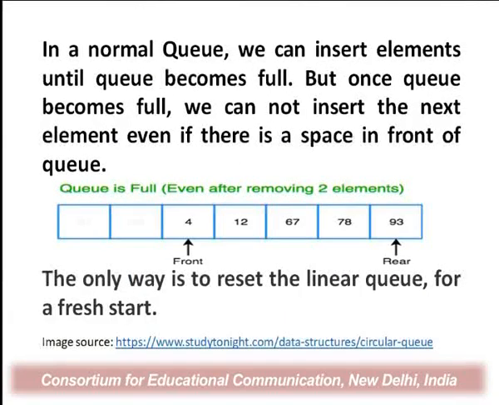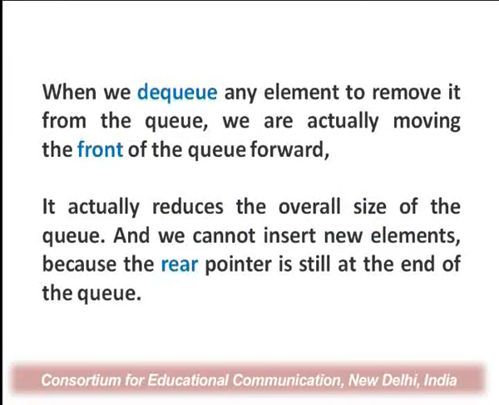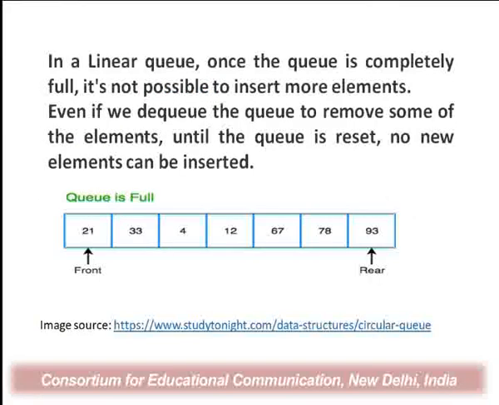Because of this situation. Here we have taken out two elements, but because our front is pointing towards the third element, or the second index, and the rear is pointing towards the last index, we can't insert an element into it, despite the fact that we have two spaces available in the queue.